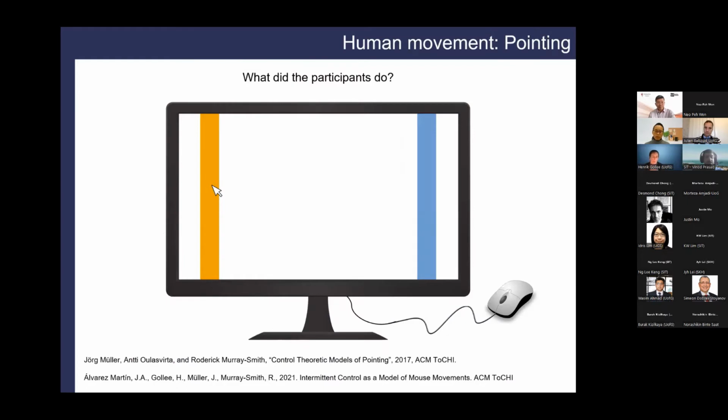I've done a fair bit of work on trying to model movement with this paradigm. We have a computational framework for that. And so we try to apply this to various kinds of movements.